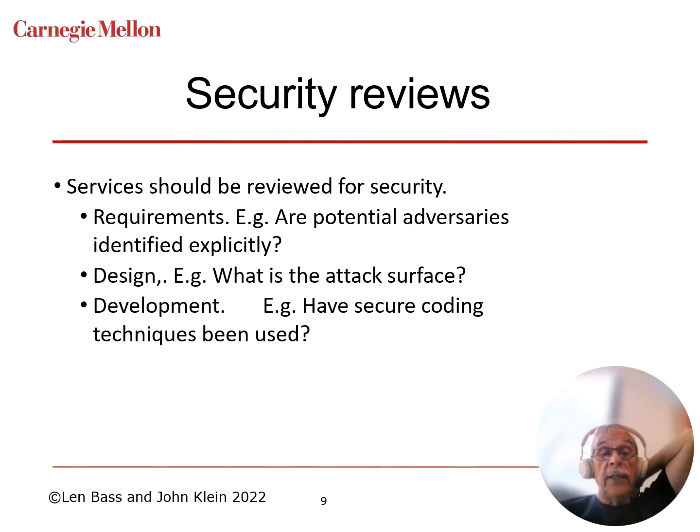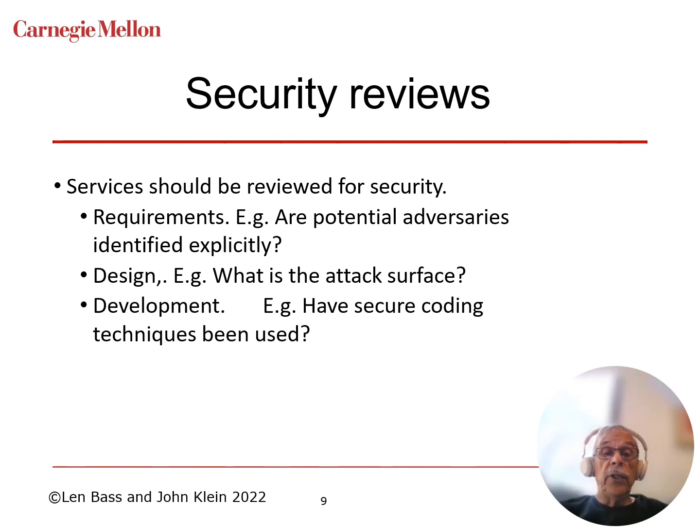At the design level, there's something called the attack surface, which are the things that can be attacked by a malicious person or entity. So you define the attack surface, and usually it's network connections, and you look to make sure that those are secure in a variety of different ways.